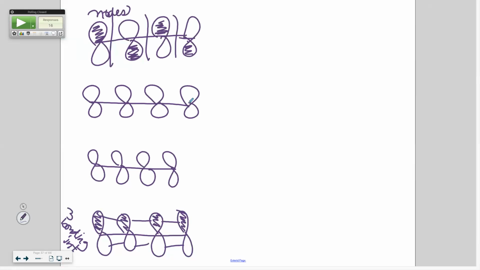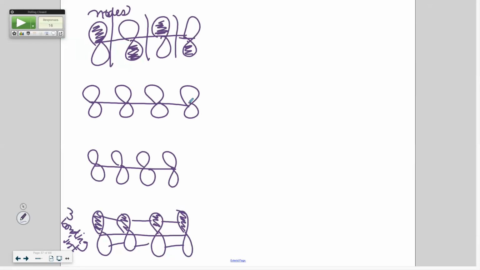So how do you think you could get this to work out so that you have 1 node? What do you think? Possibilities.